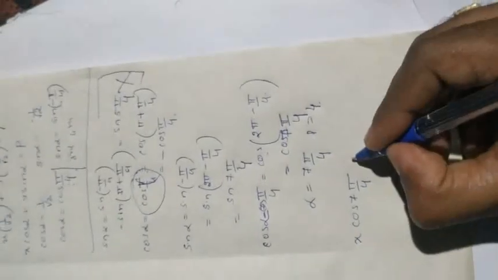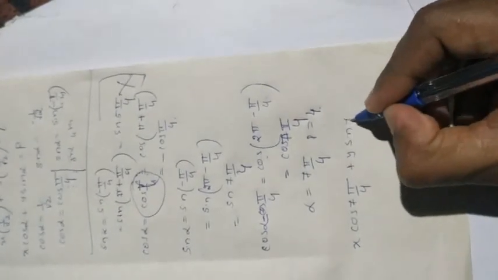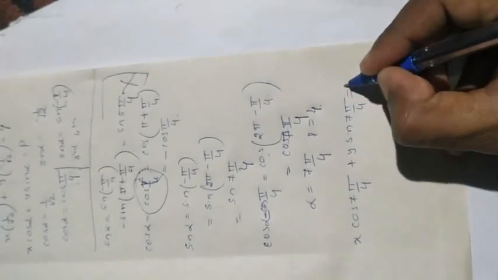Here both alphas we get as 7 pi by 4, and p is 4. Therefore we can write this as x cos 7 pi by 4 plus y sin 7 pi by 4 is equal to 4. So this is the normal form of the equation of the line.